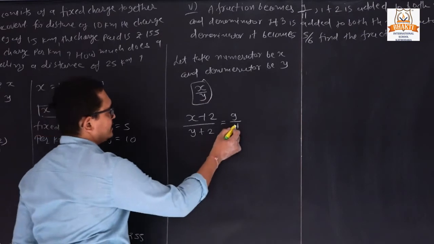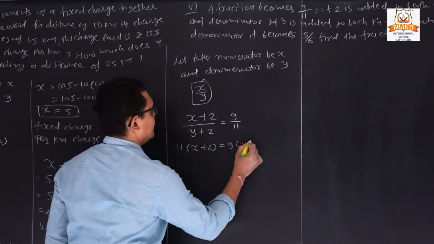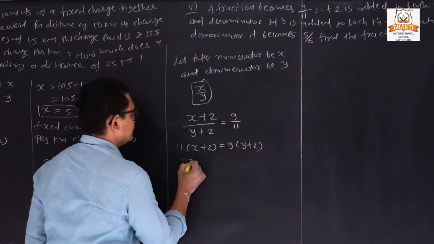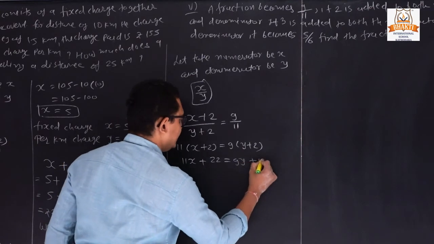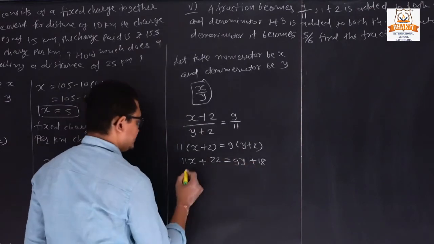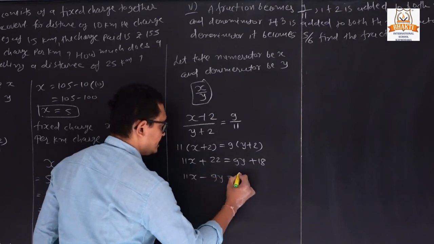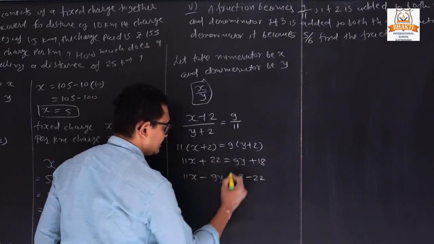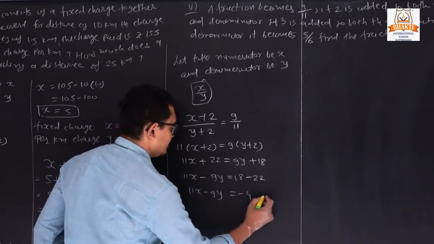Now we can simplify. This 11 is multiplied with cross multiplication. So 11x plus 22 equals 9y plus 18. So this is going to the second side. So 11x, and this y is going to the second side, so it becomes minus, and this is going to the second side, so it is minus 4. 11x minus 9y is equal to minus 4.